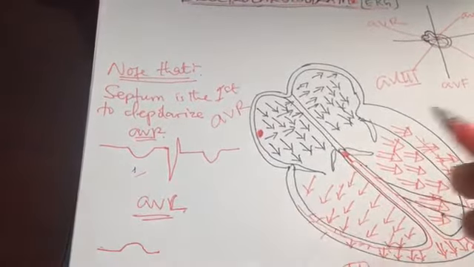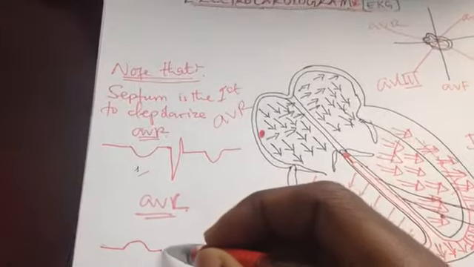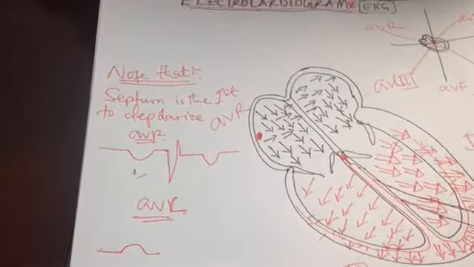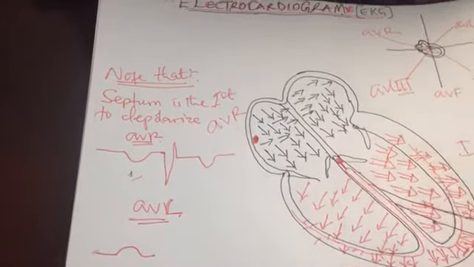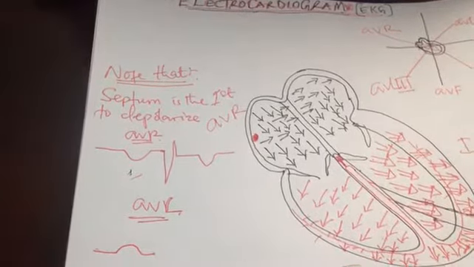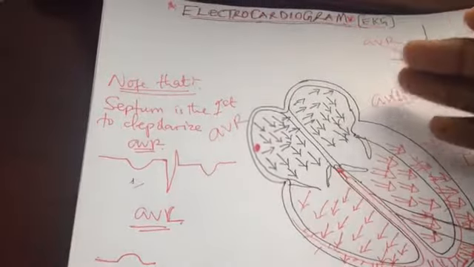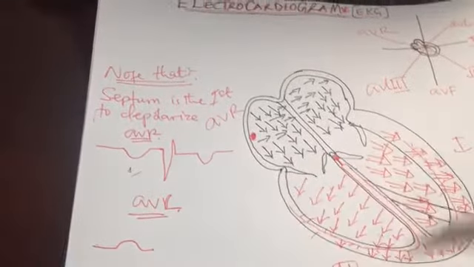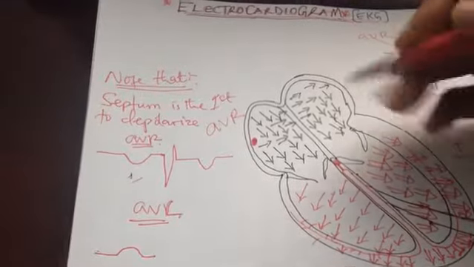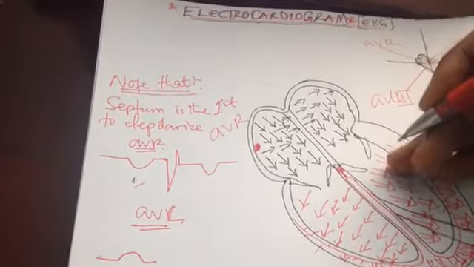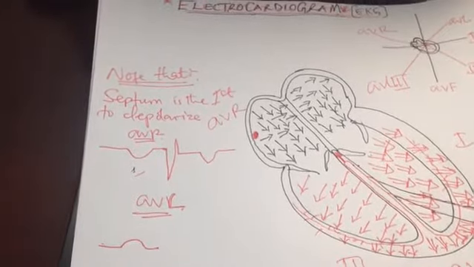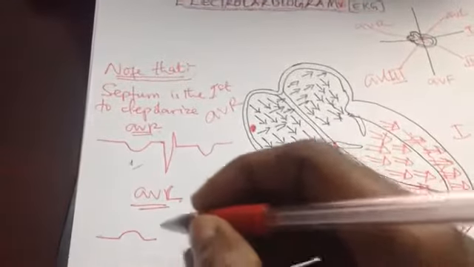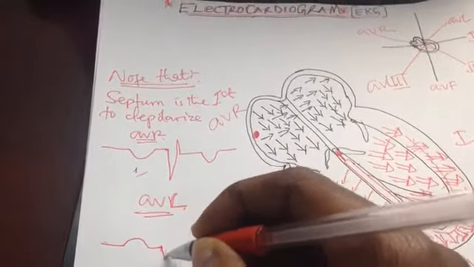Then the QRS complex is also going to be upright, but very minimal, because most of the electrical activity is going in this direction, and AVL is toward this side, so it's going to have a positive QRS. But because it is a little bit away from the strong depolarization wave, the QRS complex is going to be short, but it is not going to be negative like the AVR. So it is going to be a little bit short, like this.